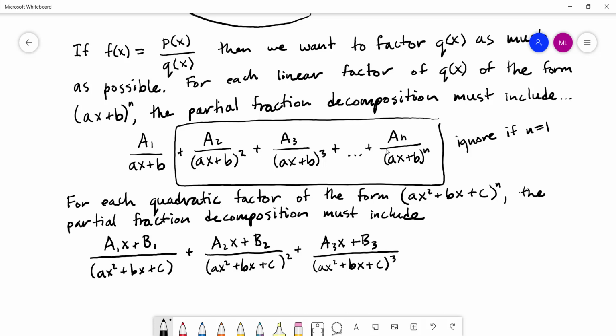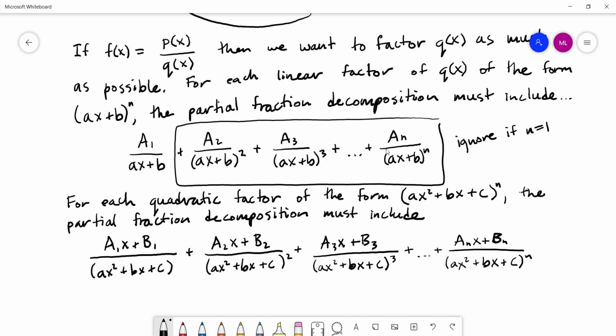So again, increasing multiplicities, plus dot dot dot, all the way up to an nth one of these terms, if the multiplicity of that quadratic term is n, if it shows up a bunch of times.